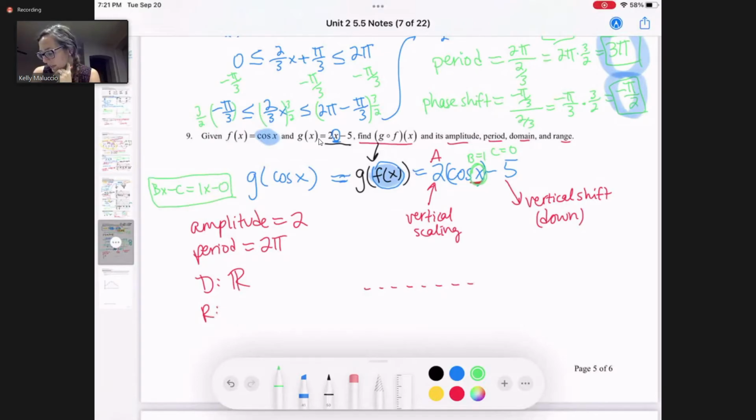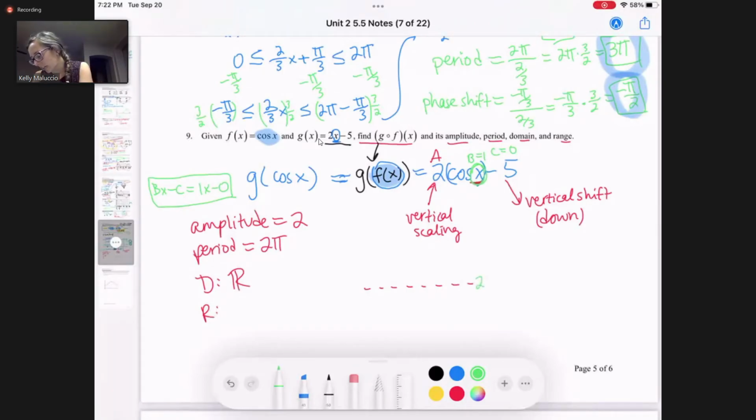And then we have, yeah, at our peak points here, we're going to have 2 minus 5. So instead of -1 and 1 minus 5 and shifting down that way, we're going to multiply those by 2 first and then shift down, right?